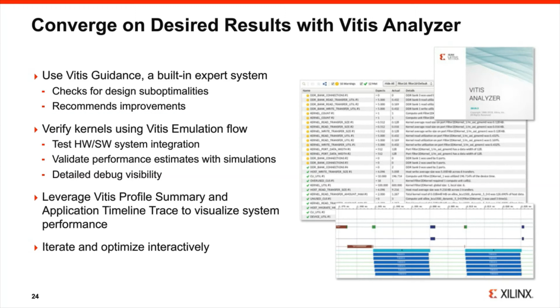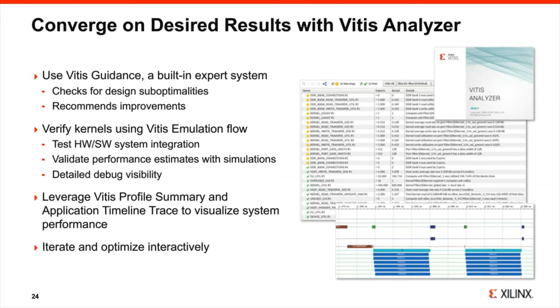Vitis Analyzer can be used to view the reports in a convenient way. The guidance report contains a list of errors, warnings, and suggestions related to the run or the build process. You can review the guidance messages to make any changes that might be needed in your code or build process.